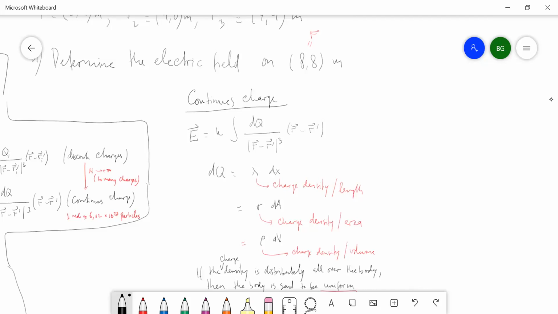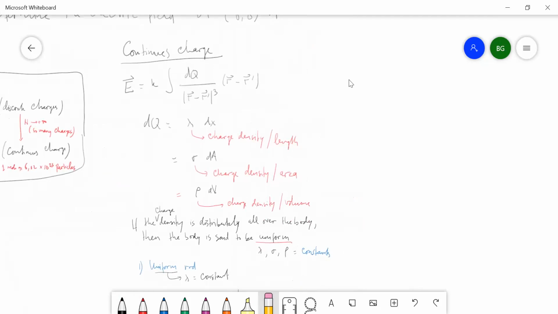Lambda is the charge density, meaning the charge over length. I'm afraid you will misunderstand this one, so we call it charge density, meaning we have a charge per unit length.